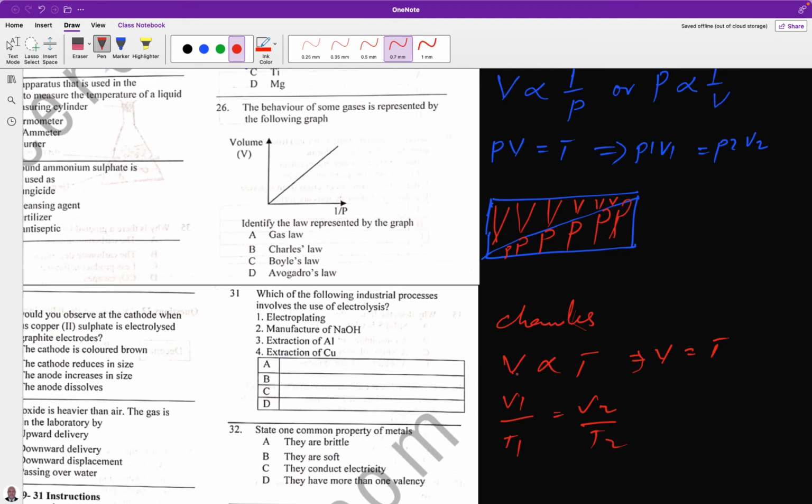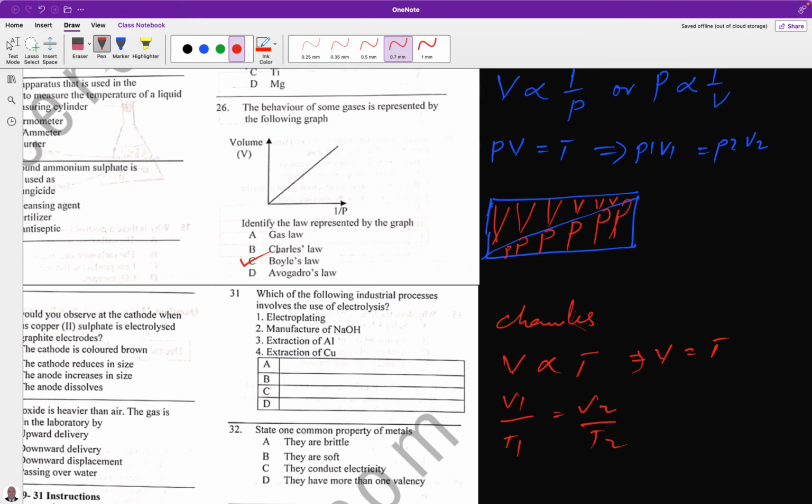As the volume increases, the temperature also increases. Unlike Boyle's law, where the volume of a given mass of gas is inversely proportional to its pressure provided temperature is constant, and as the volume decreases, the pressure increases. In that case, our answer is C. That is question number 26.